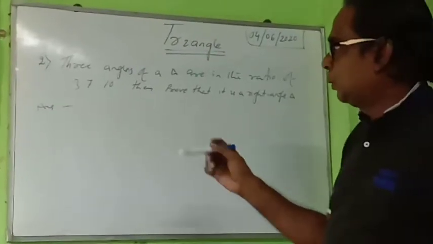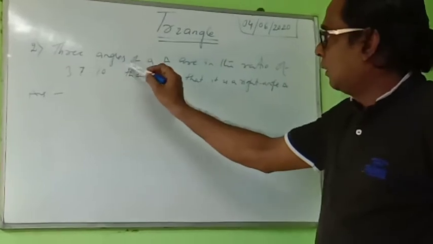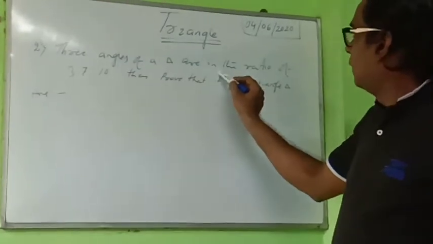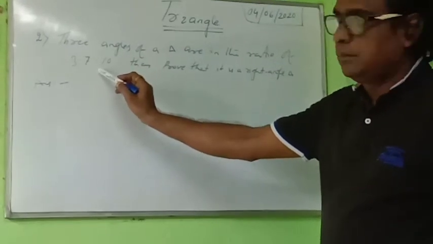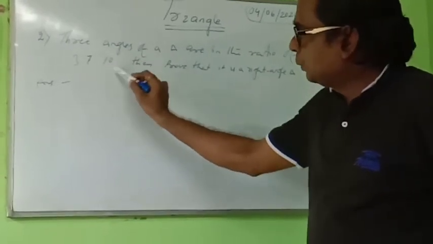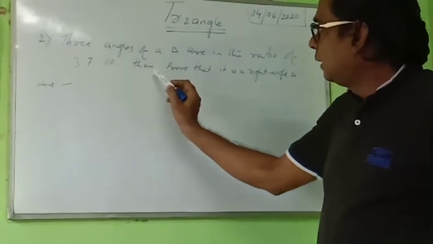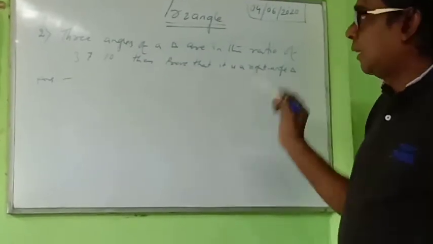In question number 2, the three angles of a triangle are in the ratio 3:7:10. Then prove that it is a right angle triangle. How will we prove it?